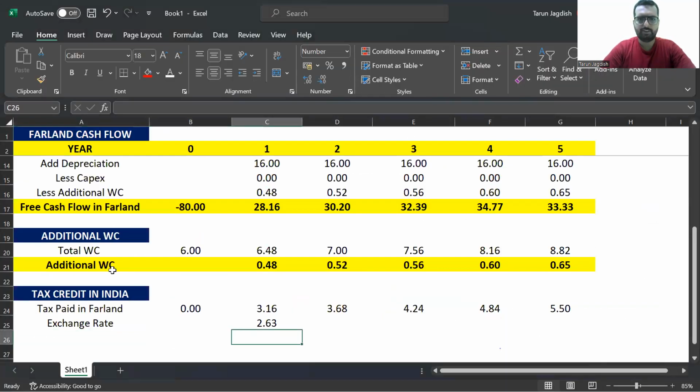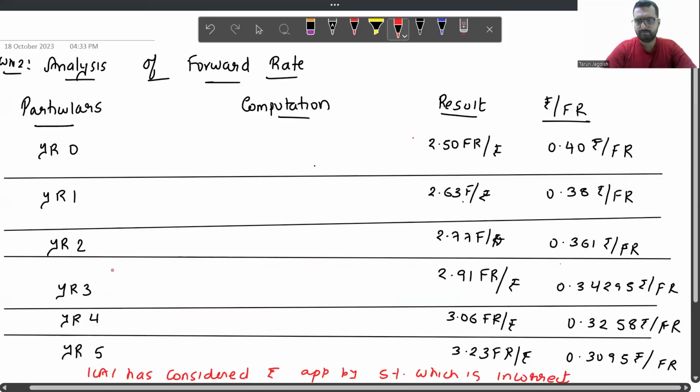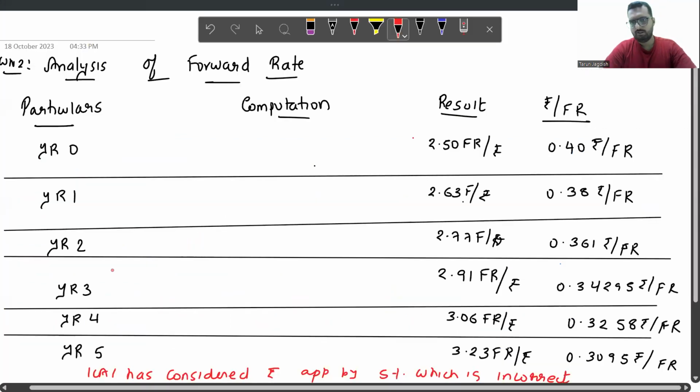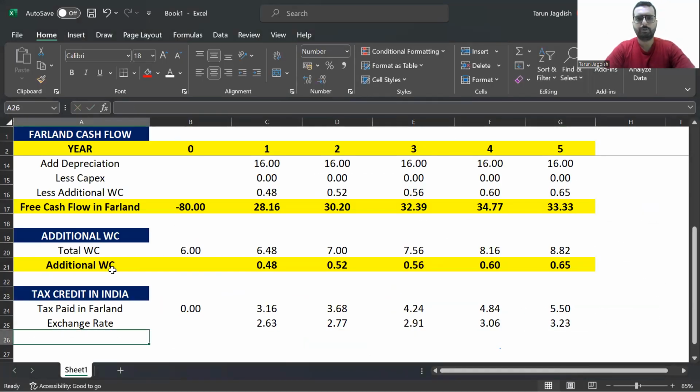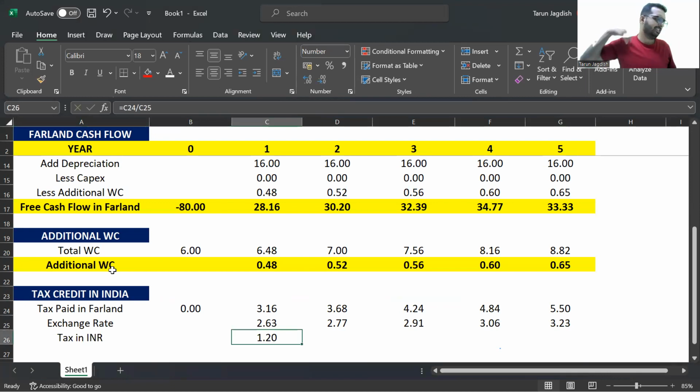Then 2.77. 2.91. 3.06. 3.23. Okay, so this is all FR bar rupee, correct? So tax in INR, I will have to divide this by this. So I'll get 1.2 as the tax.